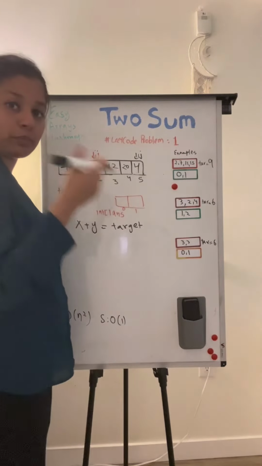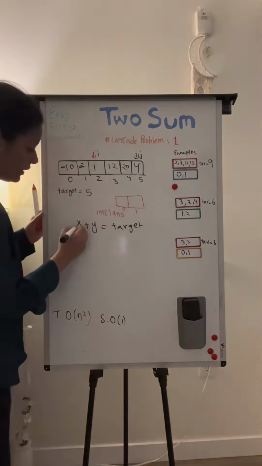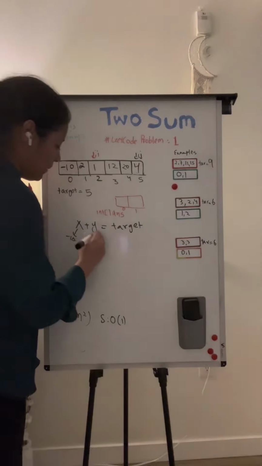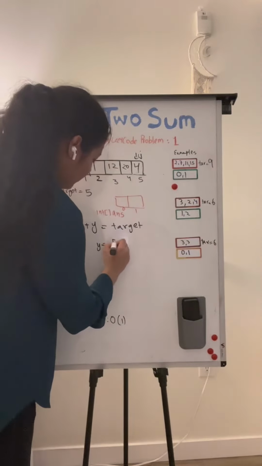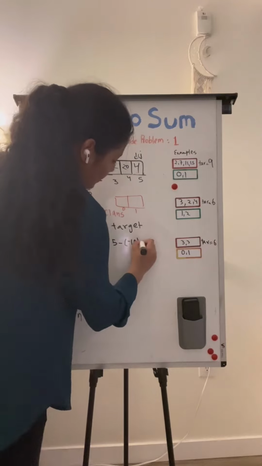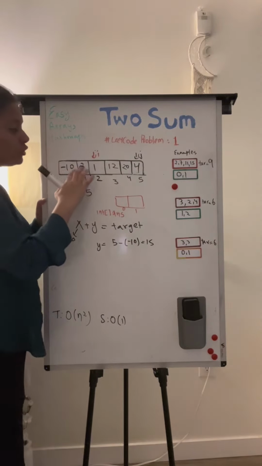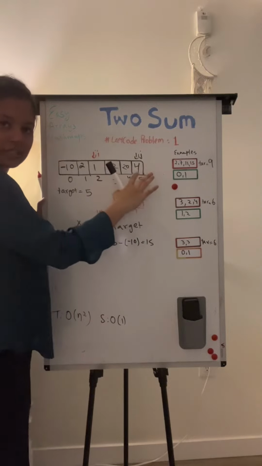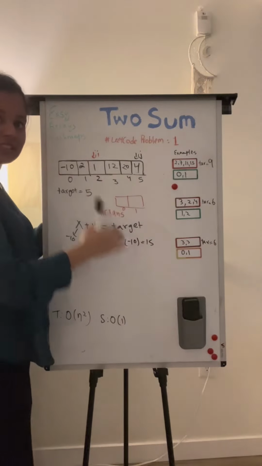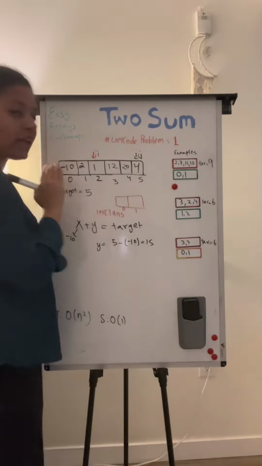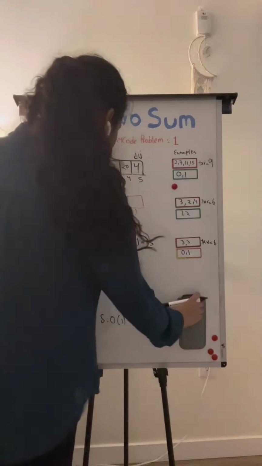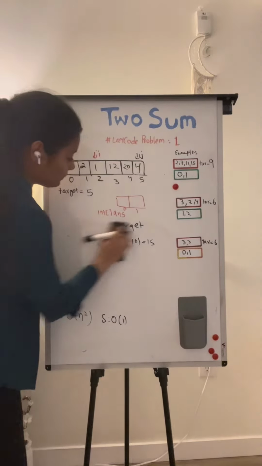You can obviously predict. For minus 10, for example, if my x was minus 10, basically my y would be 5 minus minus 10, 15. So if I have minus 10, I would just need to traverse over the array and try to find 15. The moment I find 15, I know that's my answer.